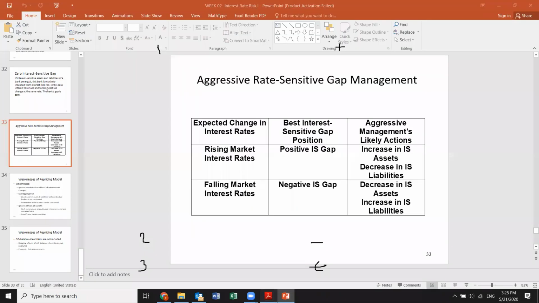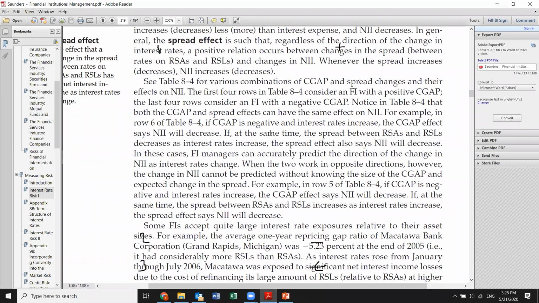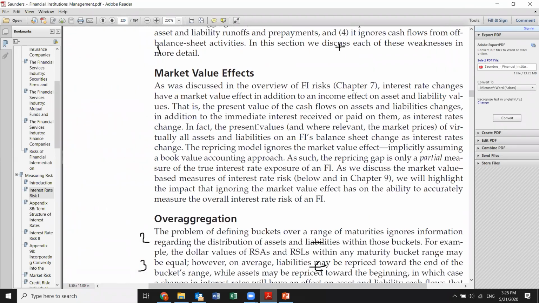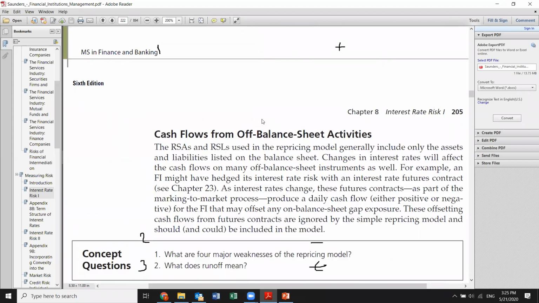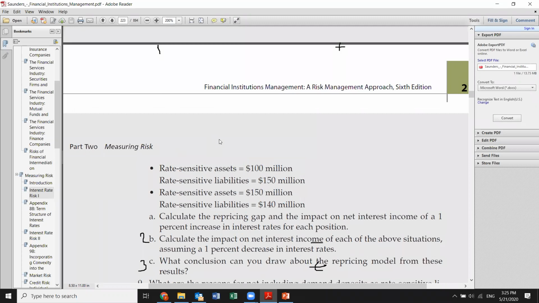So this is the explanation of the conclusion we can draw here. The FIs in part 3 have the lowest interest rate risk exposure since the absolute value of the repricing gap is the lowest, while the opposite is true for part 1. The ideal point is when there is a 0 repricing gap, okay?